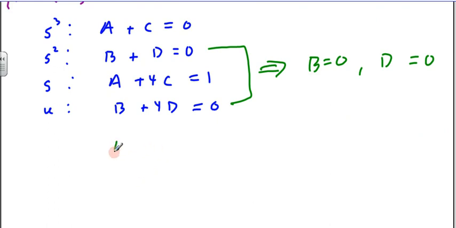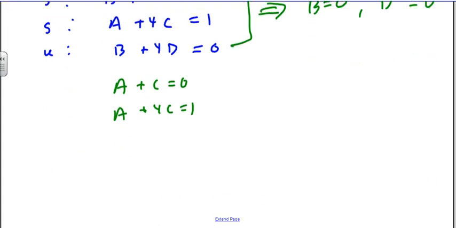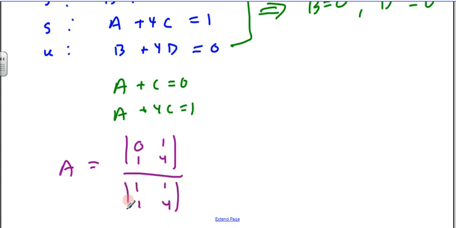So I have a plus c is 0, and I have a plus 4c is 1. And I break out Cramer's rule, and I say that a is going to be determinant 0, 1, 1, 4, and on the bottom I got 1, 1, 1, 4.